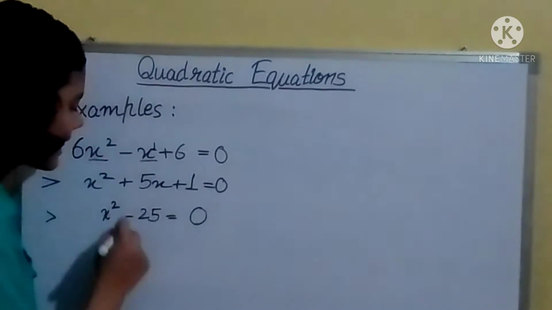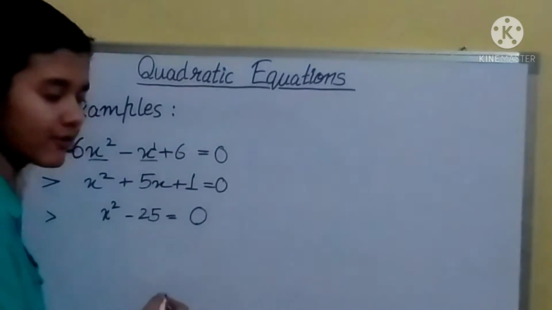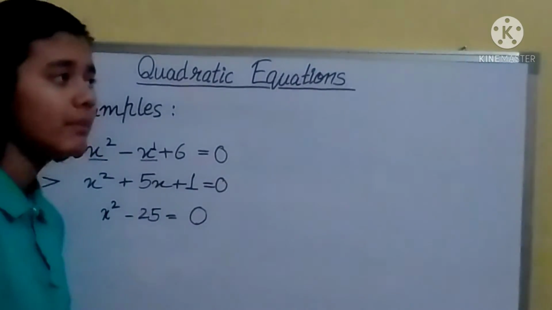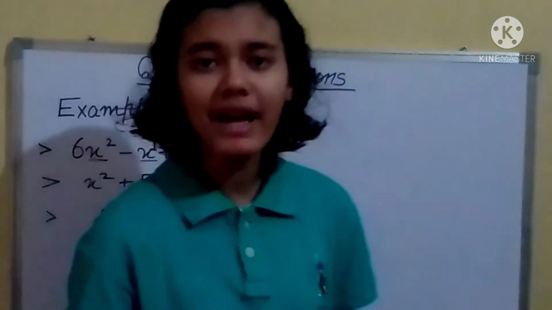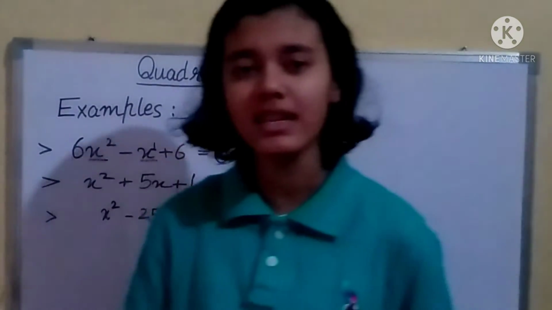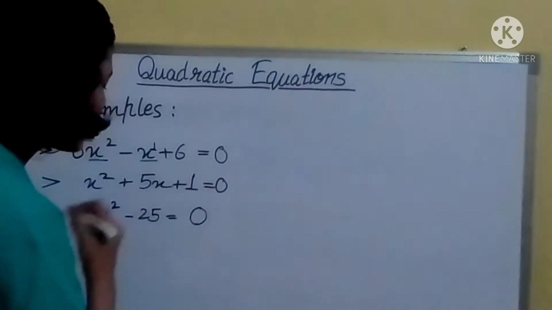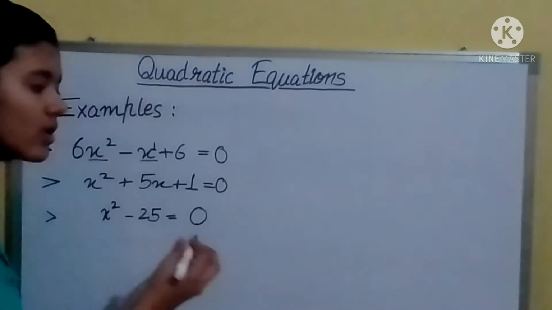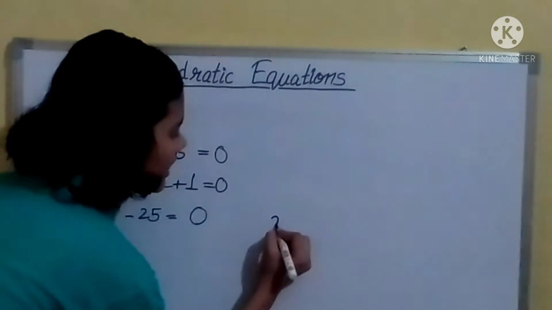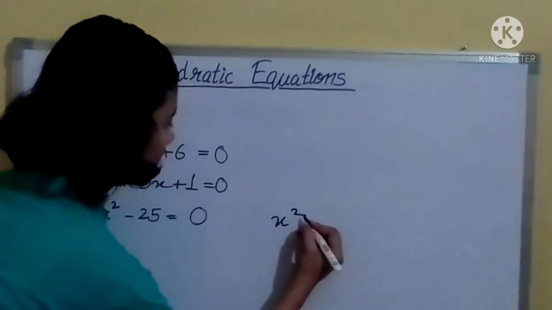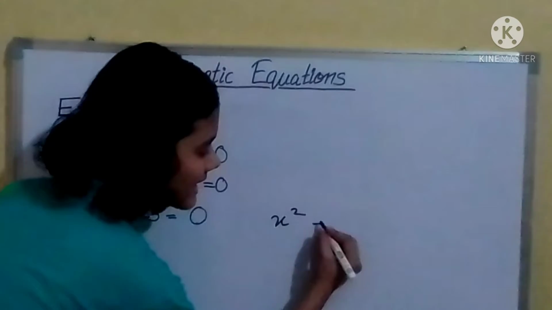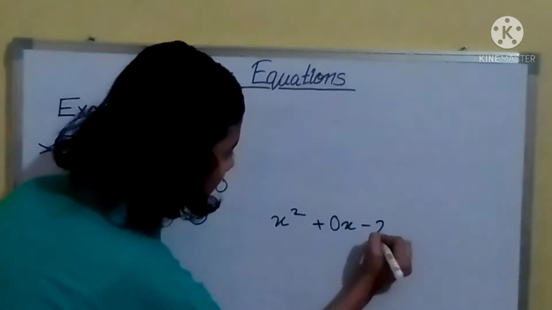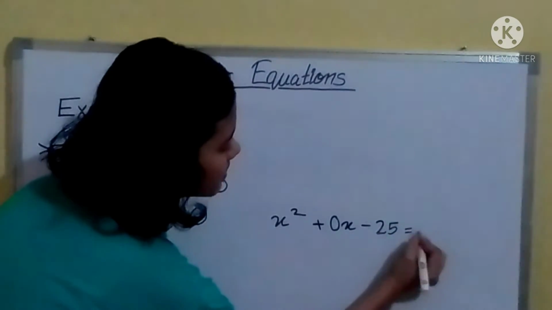Then the next one is x² minus 25 is equal to 0. Now you will ask that this is not in the standard form, because the standard form is ax² plus bx plus c is equal to 0, but here we can only see x² minus 25. So it's not like that. This was also in the standard form. See, it was like x² plus 0x minus 25 is equal to 0.